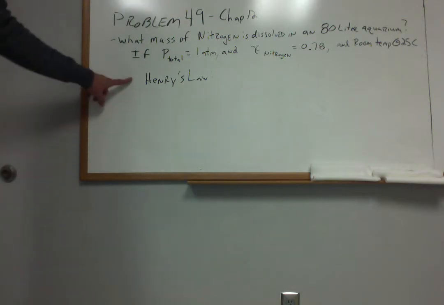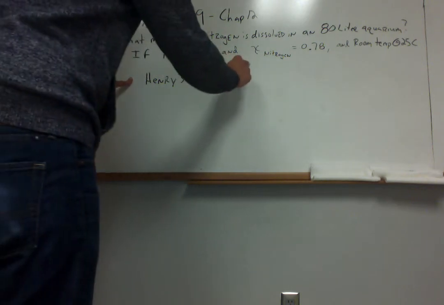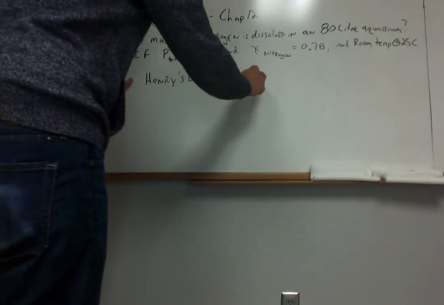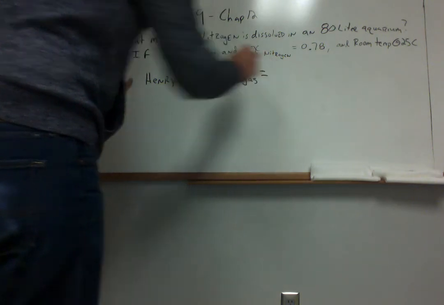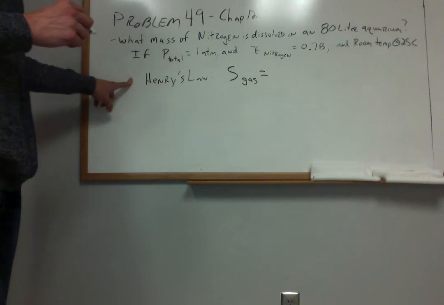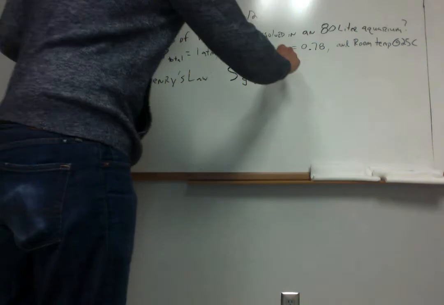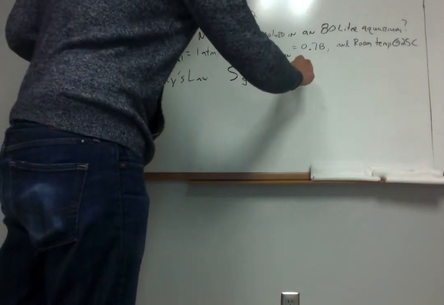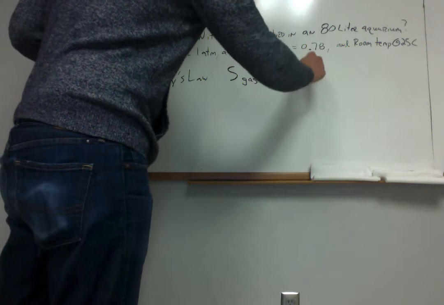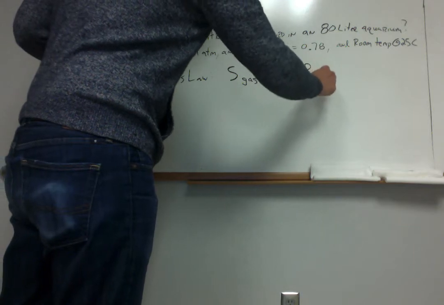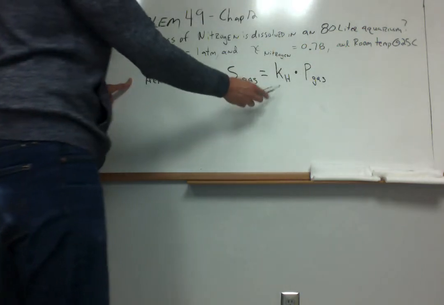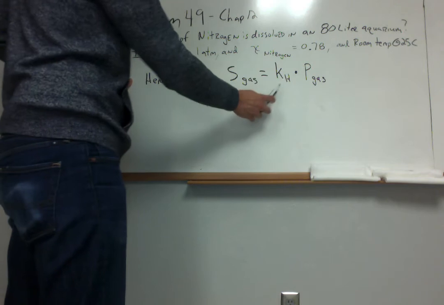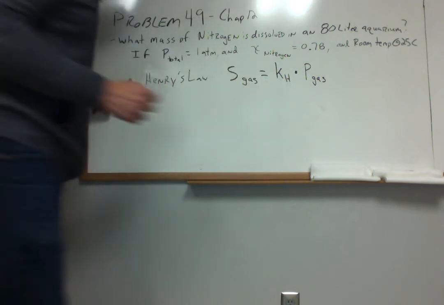So if we're going to solve this problem, we're going to start by writing Henry's Law relationship, which again describes the solubility of a gas in a liquid. Henry's Law tells us that to quantitatively describe the solubility of a gas in a liquid, we have to multiply the Henry's Law constant, Kh, times the pressure of the gas.